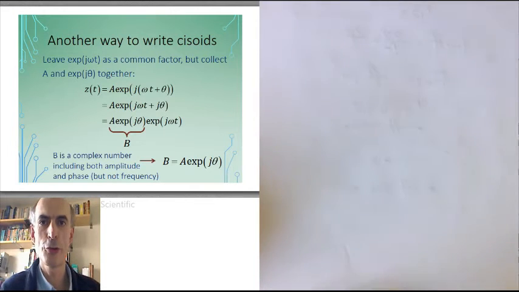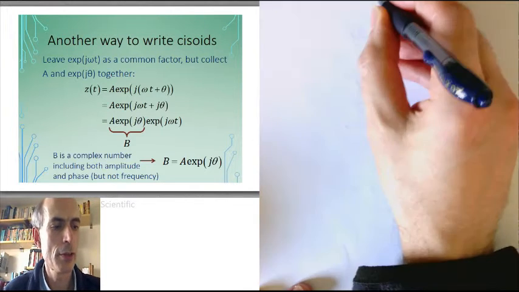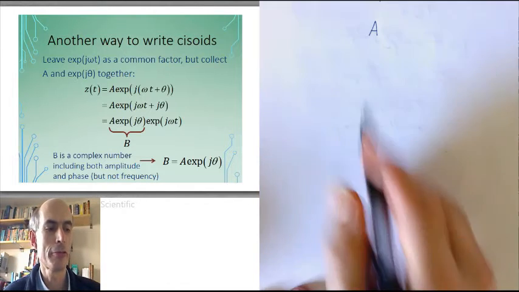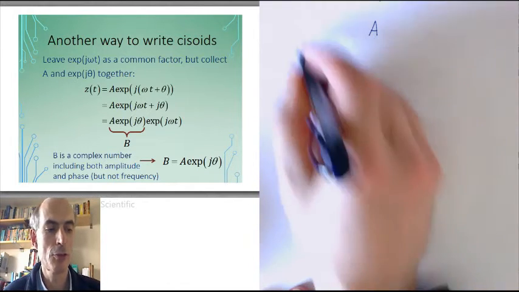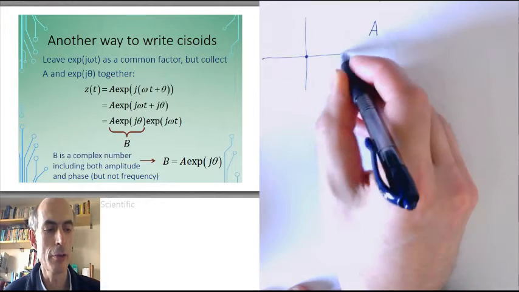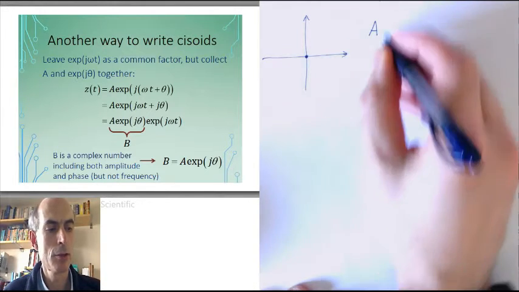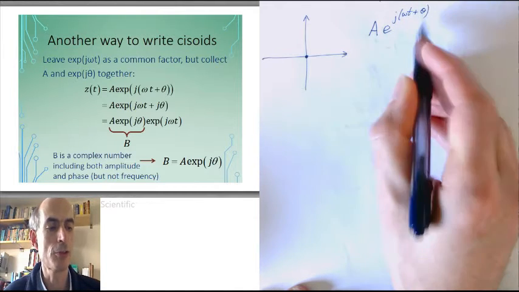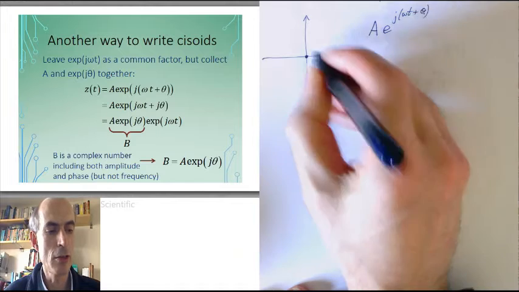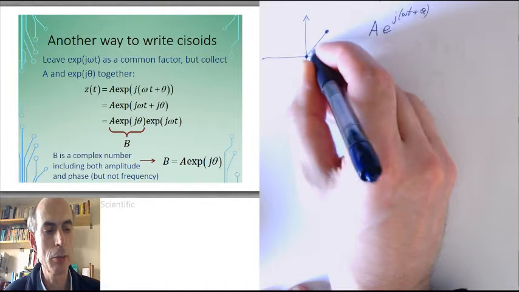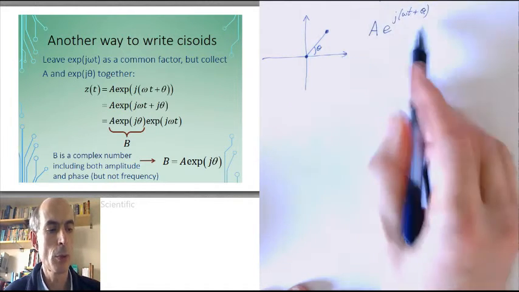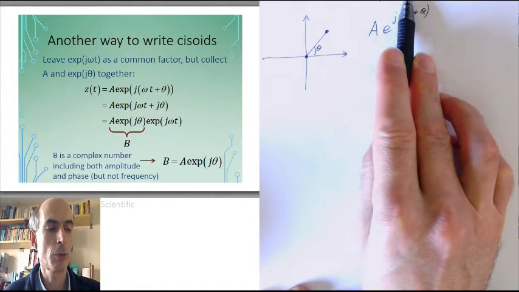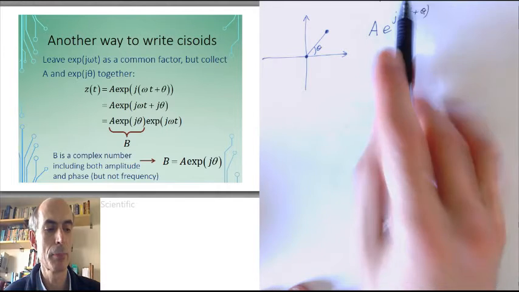The first point I want to draw your attention to is that a general cisoid can be written in terms of an amplitude A, the distance from the origin of the Argand diagram, times e to the j (omega t plus theta), a phase term, where theta is the phase of the cisoid at time t equals 0. Because when t equals 0, omega t is 0, and we're just left with A e to the j theta, that point there.